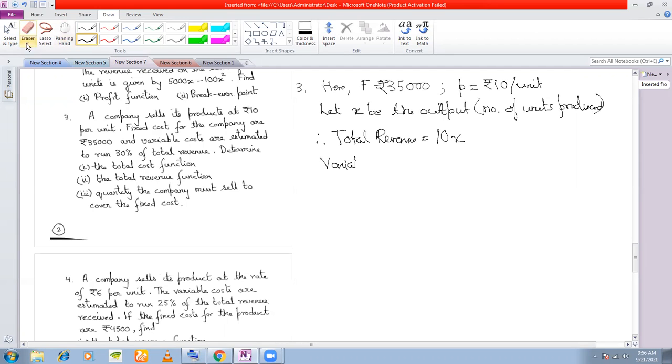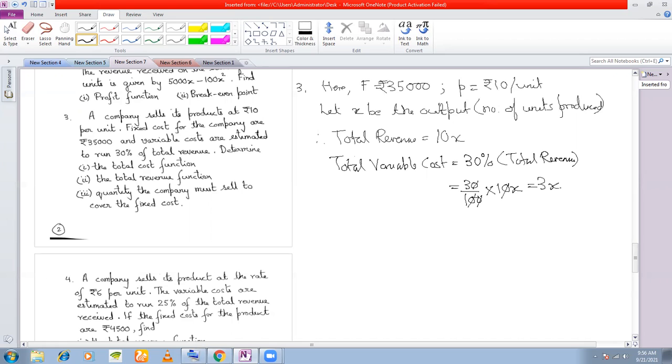Total variable cost is 30% of 10X, which is equal to 3X.